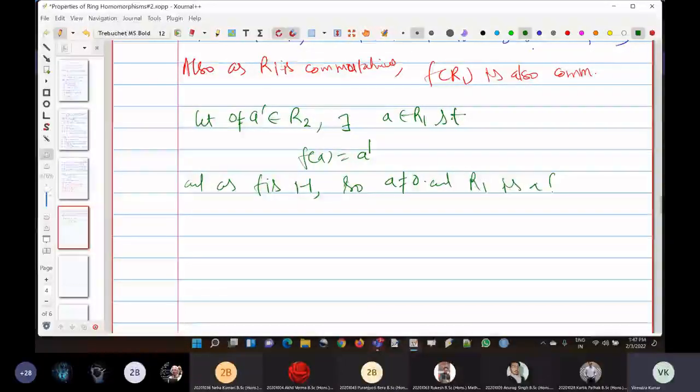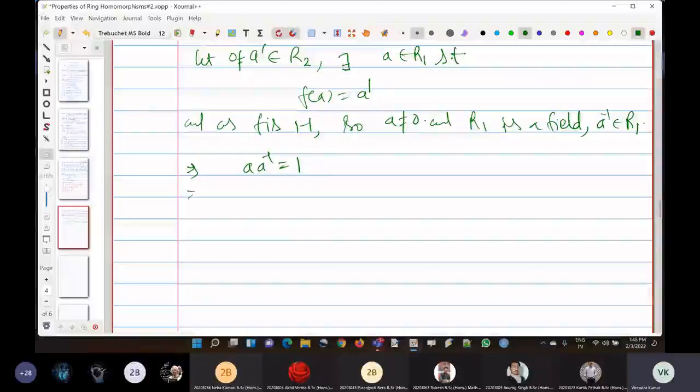Because A is non-zero and R1 is a field, every non-zero element has a multiplicative inverse in R1 itself. So here we have A inverse belonging to R1, such that A times A inverse equals unity. Now the rest will come from here only.